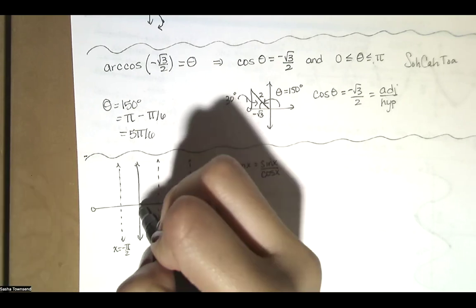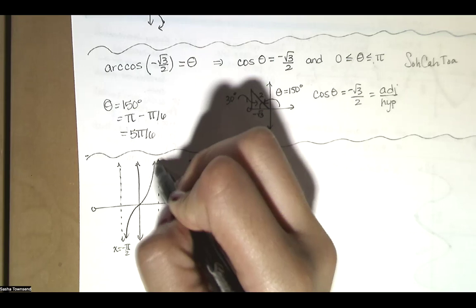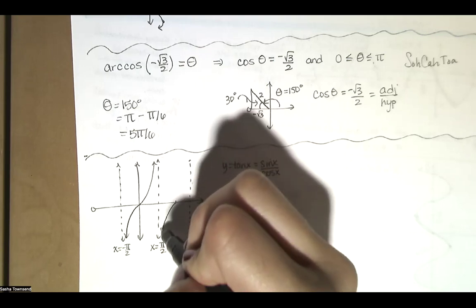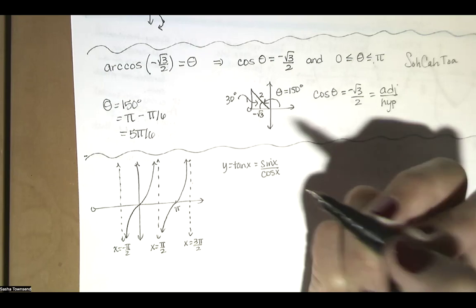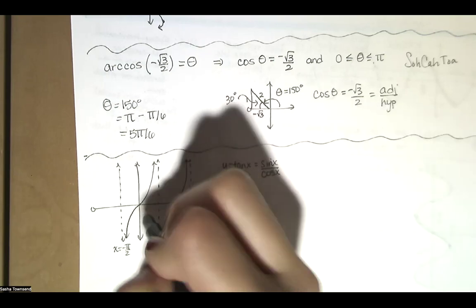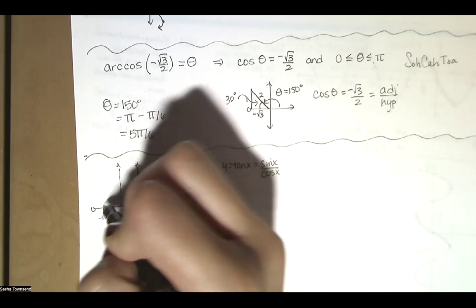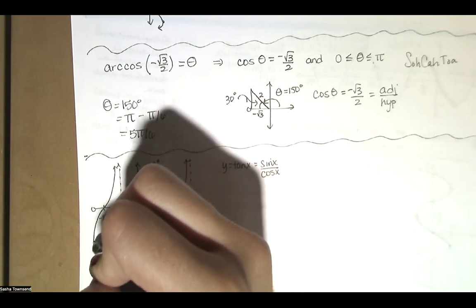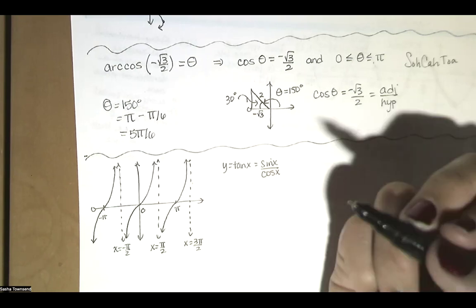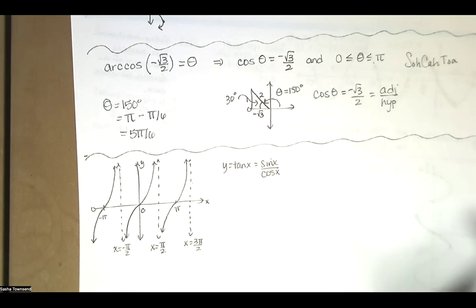It looks like this, and it repeats every pi radians. All right, so that is our tangent function.